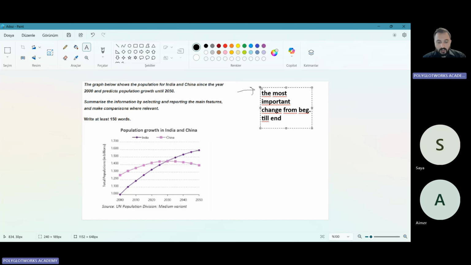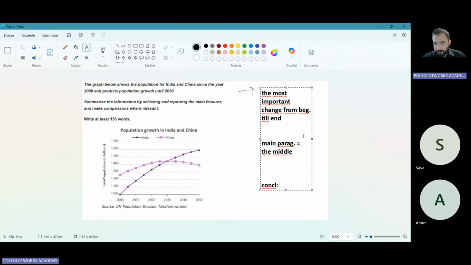This is for intro. And then for main paragraphs, you need to tell me the middle. I will show you what these things are, and then conclusion.